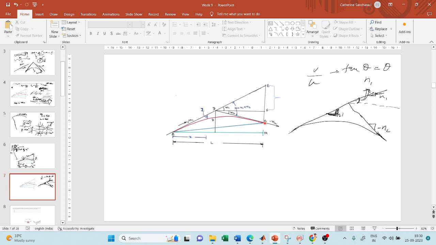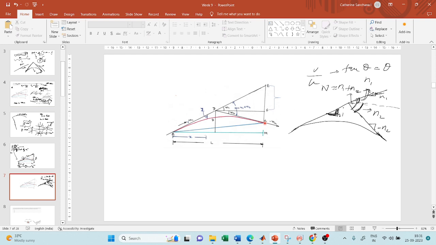How much angle this line makes with the horizontal is my n1, and this n2 also is with the horizontal. That is why this entire angle, capital N, is equal to n1 plus n2. I hope this is clear. If you have any doubts, please stop me in between.